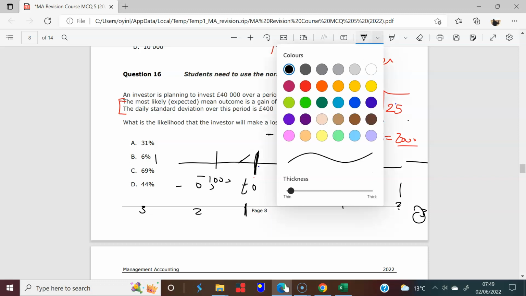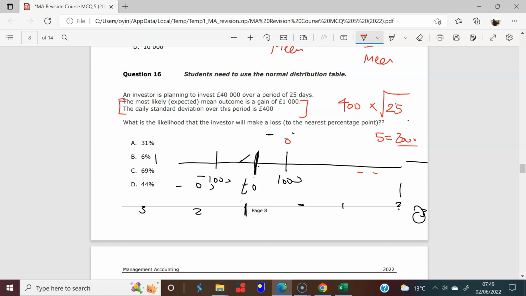But the Z score here is 0. The Z score here is 1. So if this is literally halfway, the Z score here must be minus 0.5, right?